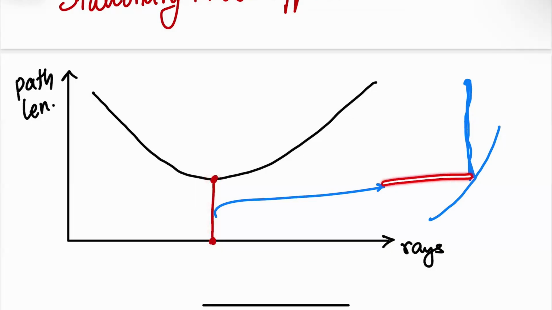Okay, and that's called Fermat's principle. Fermat's principle is sort of more general. It says that in any propagation, a ray of light always takes the shortest path.